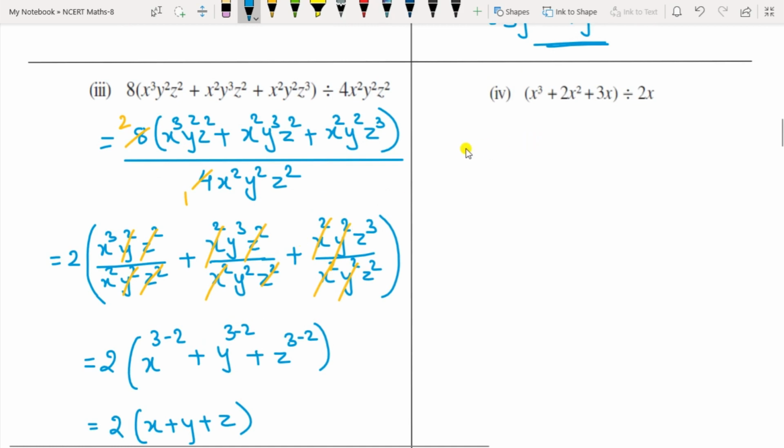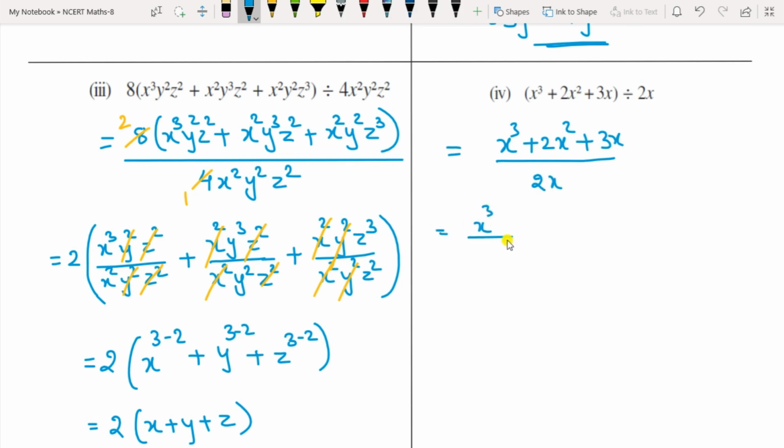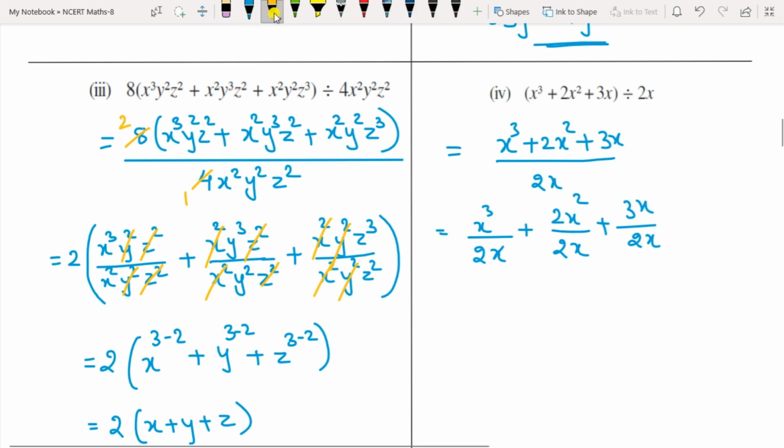This one same way, x cube plus 2x square plus 3x, the whole divided by 2x. First write like this. Now write the denominator separately for each of the terms of the numerator. Plus 2x square upon 2x plus 3x upon 2x. Okay. If there is any cancellation of the numbers, do it. So here 2 is getting cancelled. Here x is getting cancelled. Now this is raised to 1.